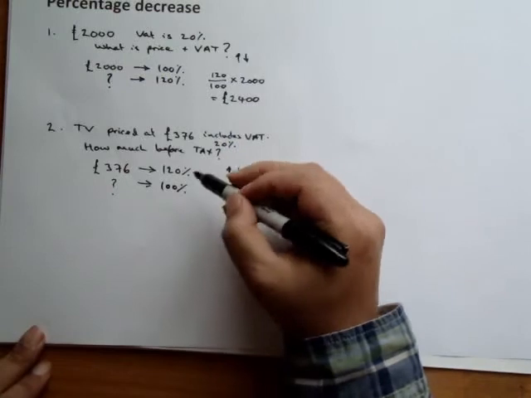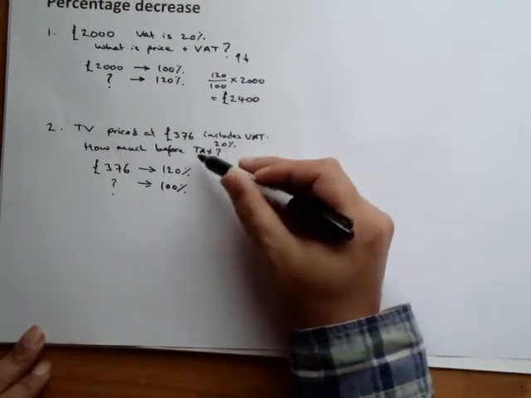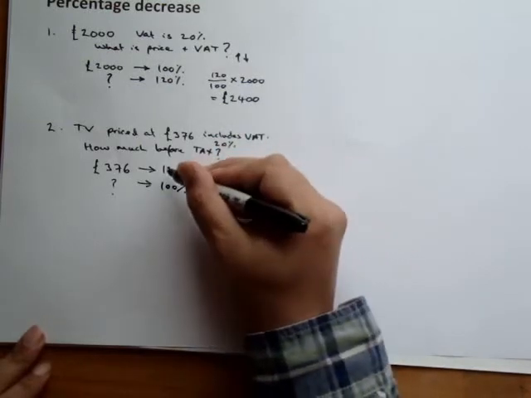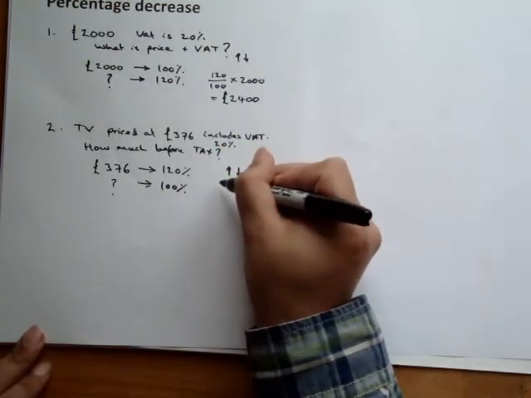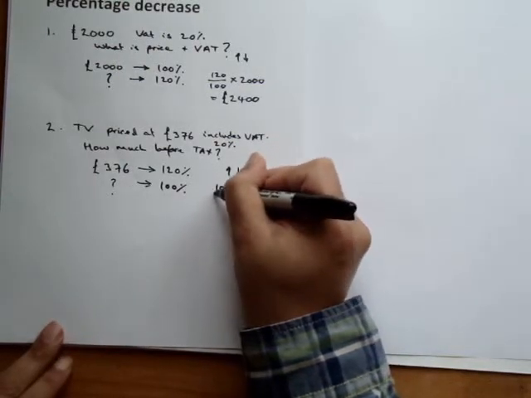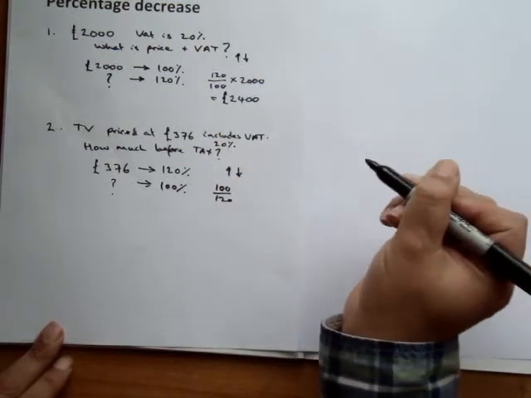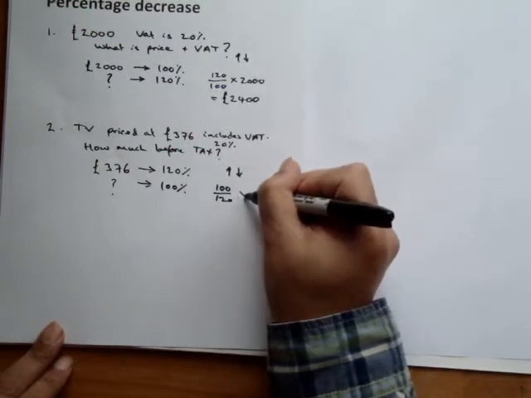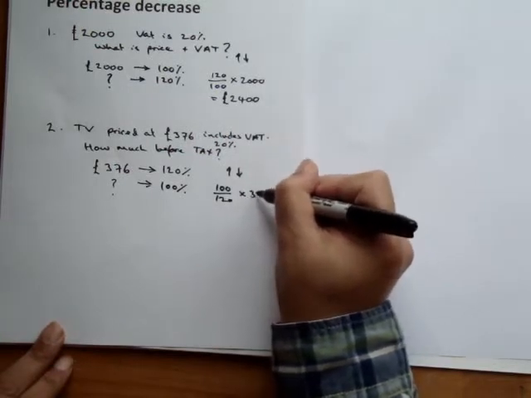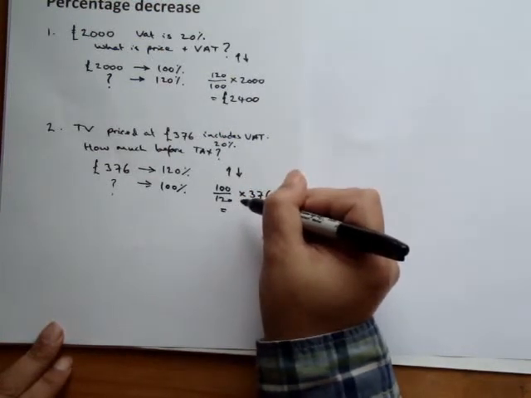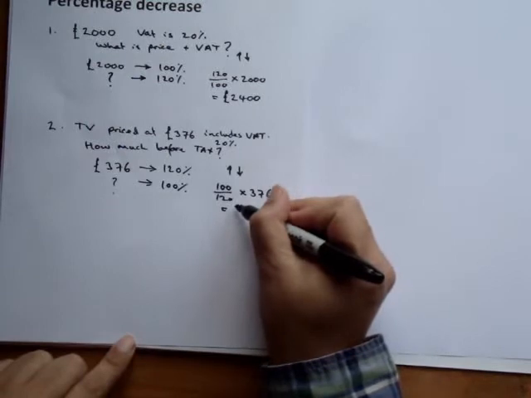We want to make the final figure smaller. So we have to have the 120 over the 100 as a ratio, like this, 100 over 120. This will give us the scale factor, and we want to multiply this by 376, and we get £313.